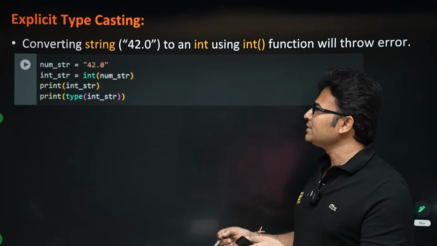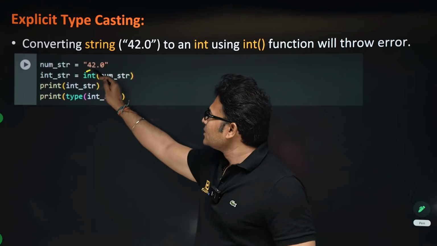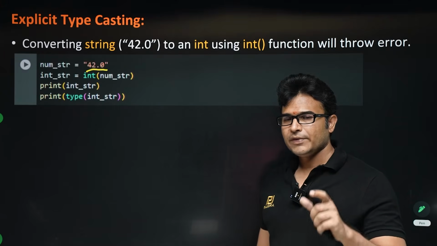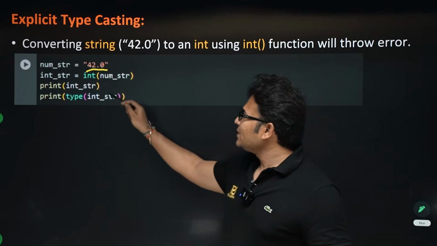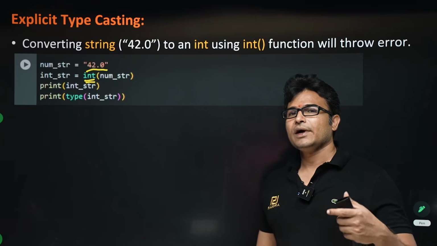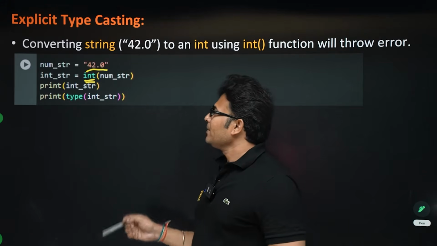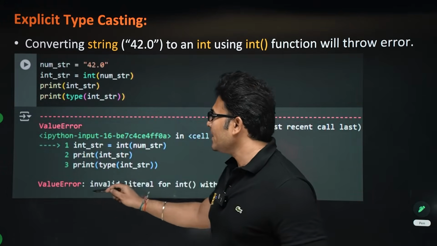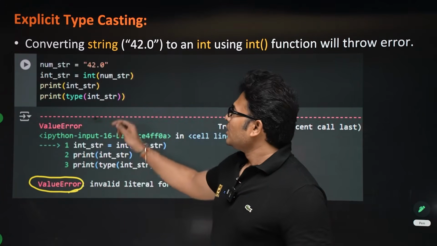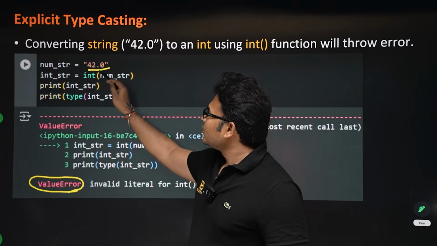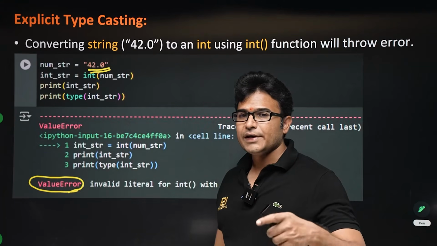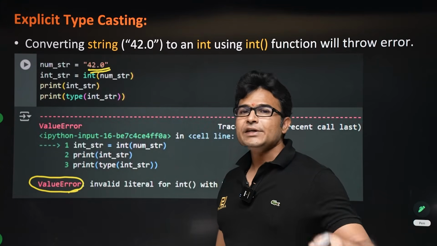The point is, when there is a string which is a float, if you are directly converting it into an integer, there will be an error, a value error. What does that mean? You cannot convert a string which is a float into an integer directly.